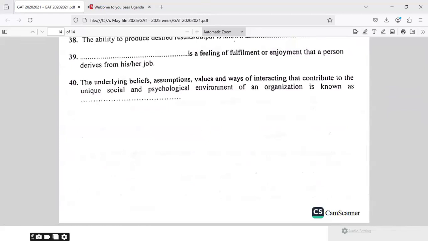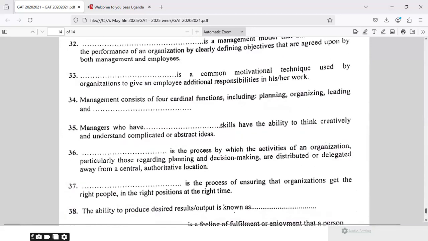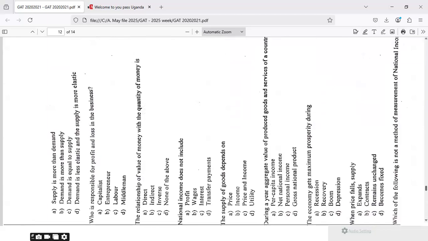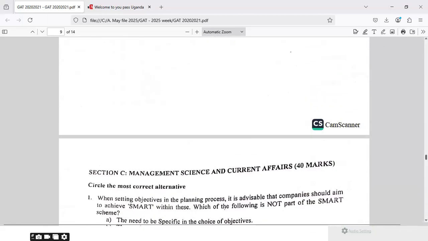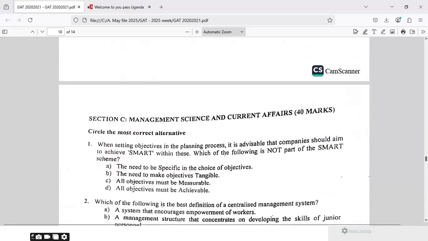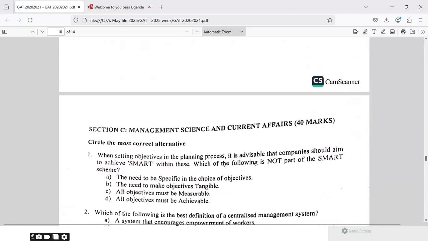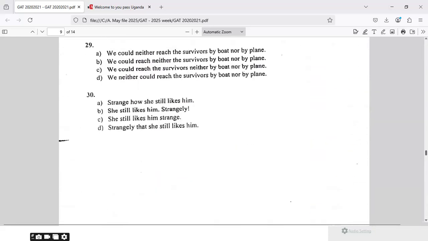And it's marked out of 100 or 120? Converted to 100. Because look, it has those 40 of our English. So there is math, management science and current affairs. But here we shall be rushing because many people have ideas already.